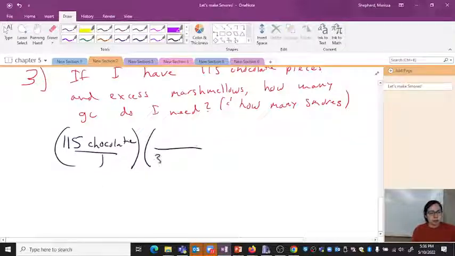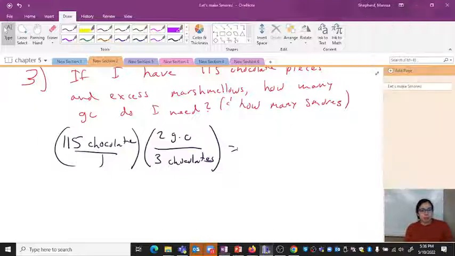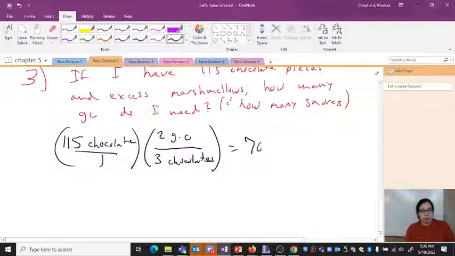I'll put chocolate on bottom, so it cancels out, 2 graham crackers on top, and so that should give us the appropriate answer of 76. So times 2 divided by 3. So that gives us how many moles of graham cracker.